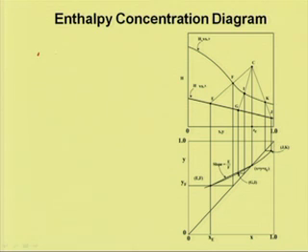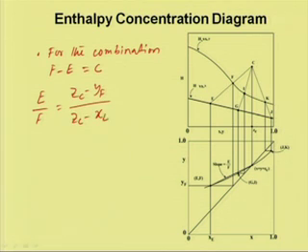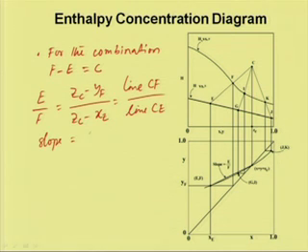Now, for the combination F minus E equal to C, if we do the material balance, E by F would be Z C minus y F divided by Z C minus x E. So, we can write line C F by line C E. This is the point with a slope E by F, and it is drawn on the XY diagram, and also it meets at point x equal to y equal to Z C on the XY diagram on the 45-degree line.